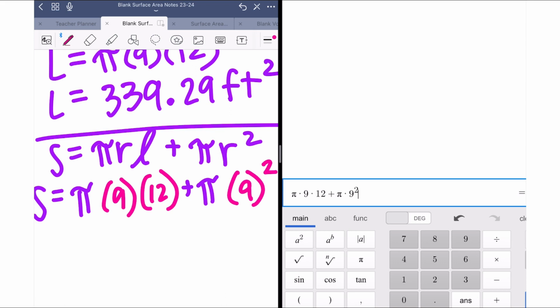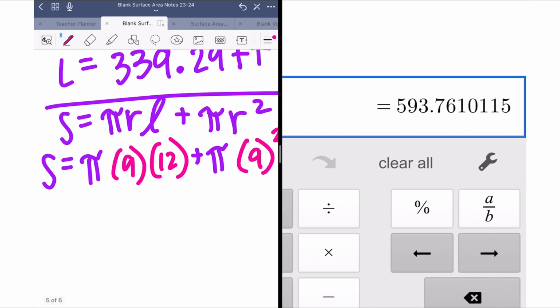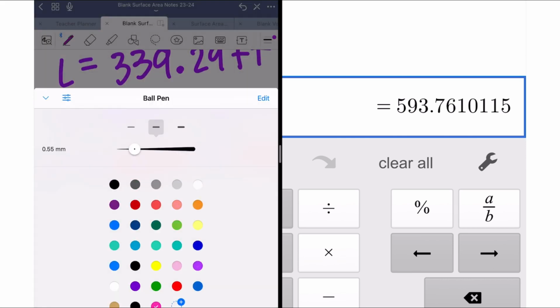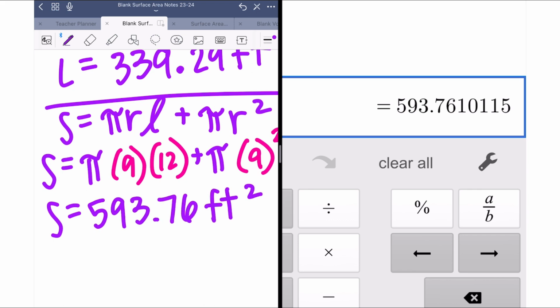Okay, so does it look correct? Yes, what is the answer? 593.76 feet squared. And you are done.